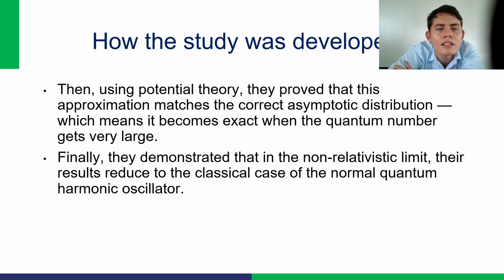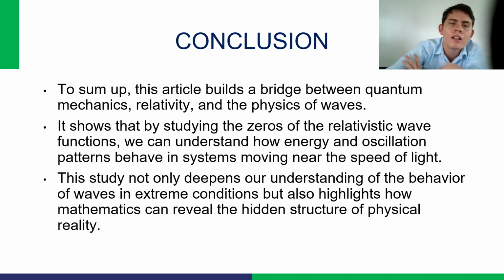Then, using potential theory, they prove that this approximation matches the correct asymptotic distribution, which means it becomes exact when the quantum number gets very large. Finally, they demonstrate that in the non-relativistic limit, the results reduce to the classical case of the normal quantum harmonic oscillator.